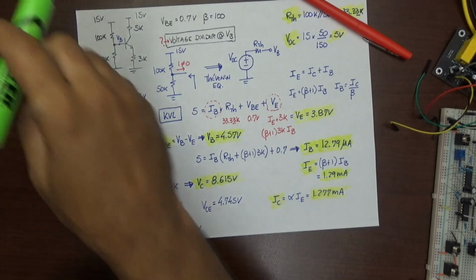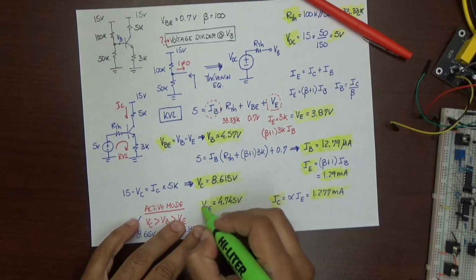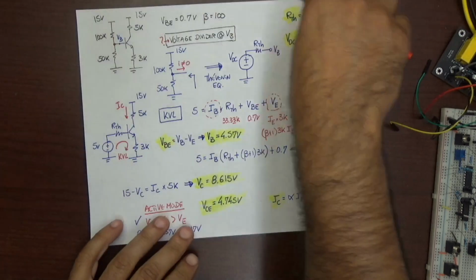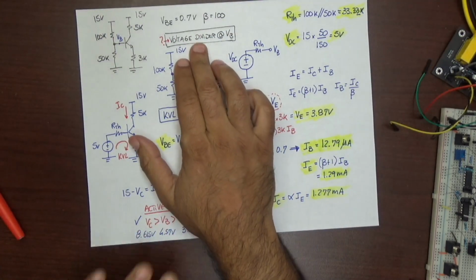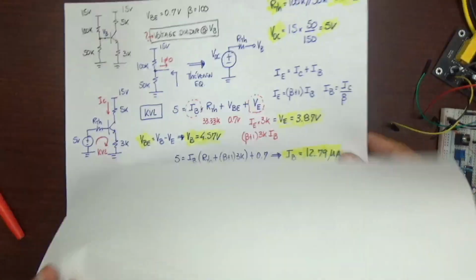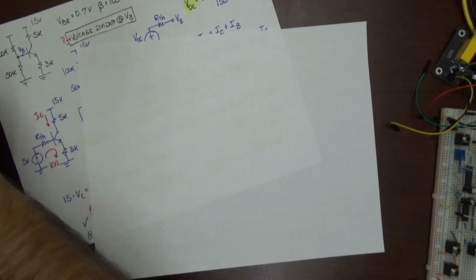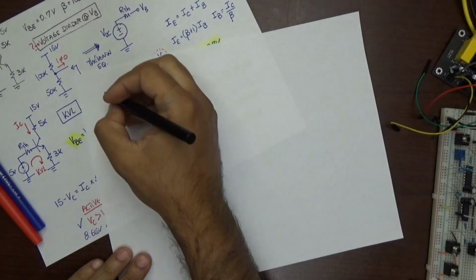All right, so all this was by using the Thevenin equivalent for that voltage divider. And now let's just go back and repeat our math, but just assuming the voltage divider. So assuming that the current flowing through the base is very small compared with the current that flows through the voltage divider, let's see which values we get.